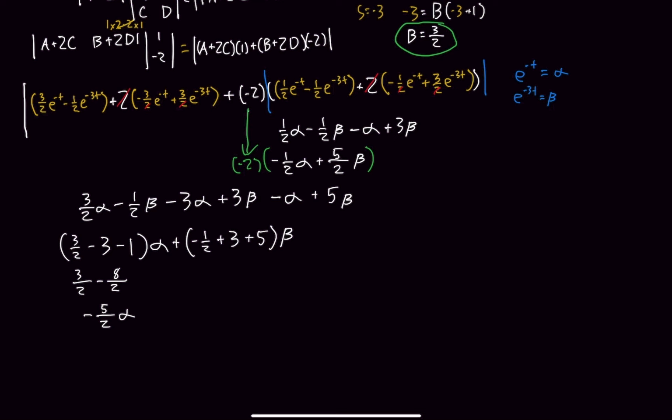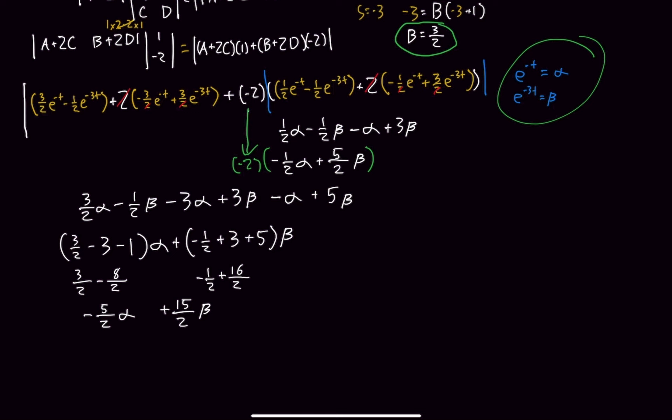And then 3 plus 5 is 8, so I got negative 1/2 plus 8, and it gives us plus 15/2 beta. We're going to substitute our variables back in.